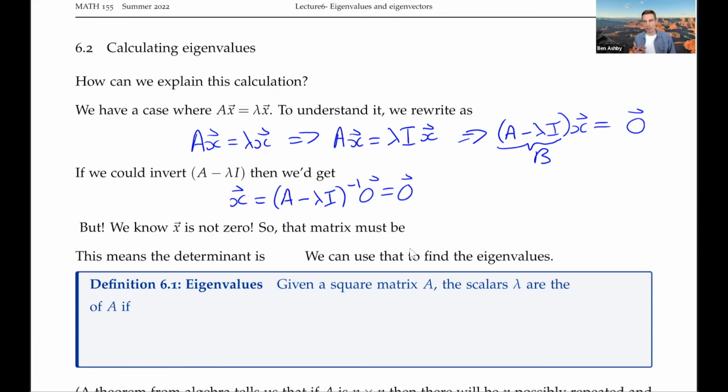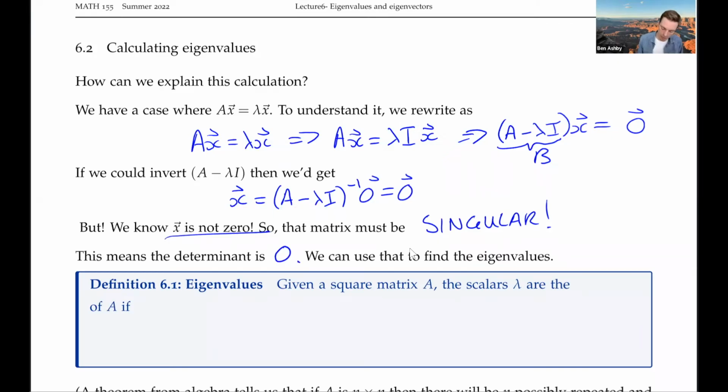That would mean that our vector x was equal to 0. But we know that x is not 0 in general, so this can't be true, and that matrix must be singular. In other words, our matrix B, which is equal to A minus lambda I, is singular. And that means that our determinant is 0 for this matrix A minus lambda I.